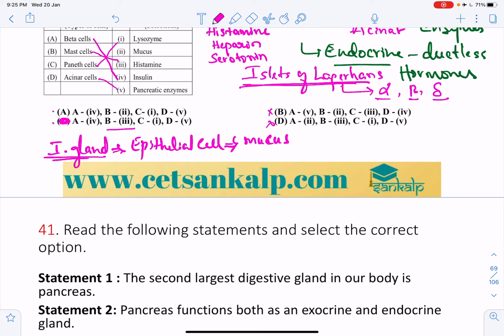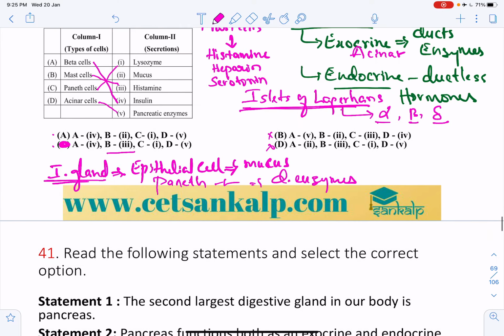And Paneth cells produce digestive enzymes including lysozyme, not the pancreatic enzyme, but digestive enzymes.